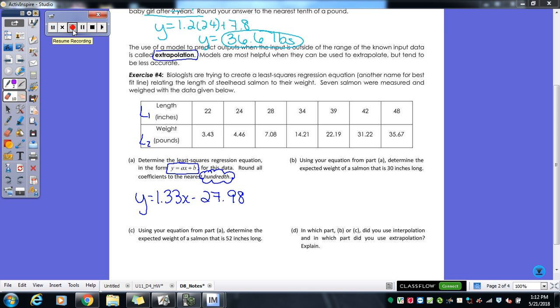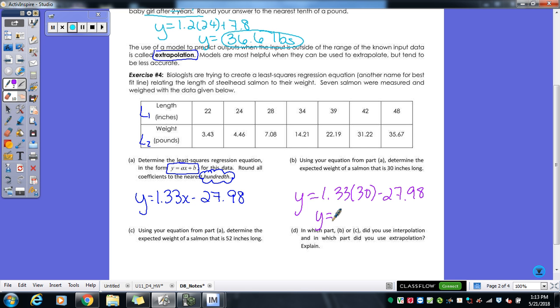All right, so using your equation from part A, determine the expected weight of a salmon that is 30 inches long. So let's plug 30 inches in for our x and see what we get. So 1.33 times 30 minus 27.98.